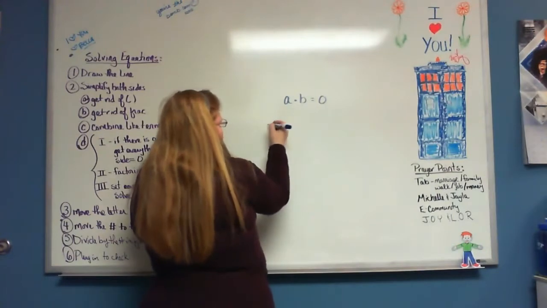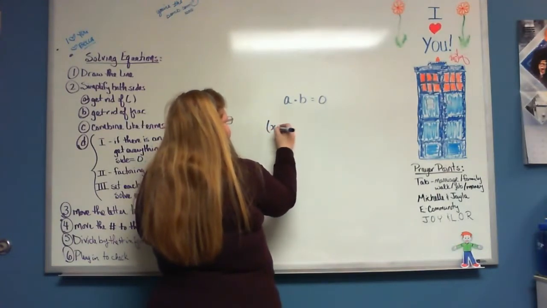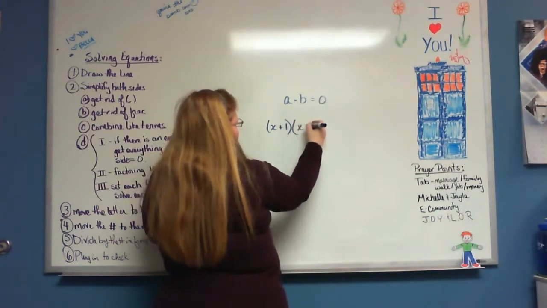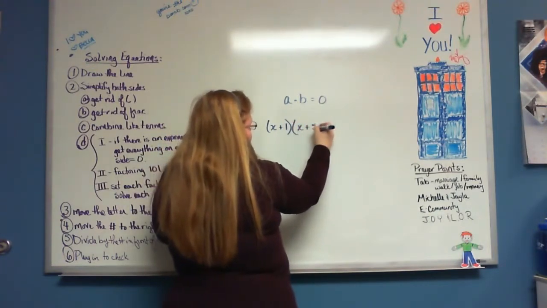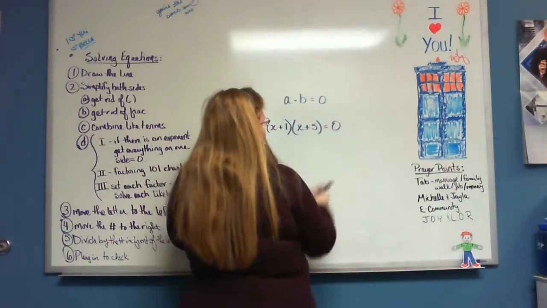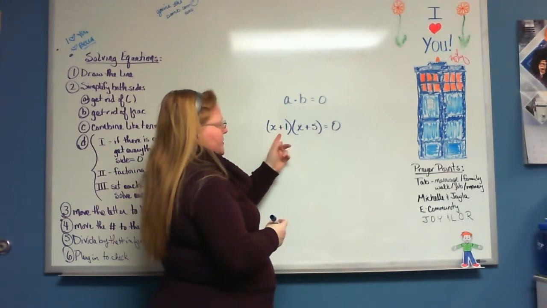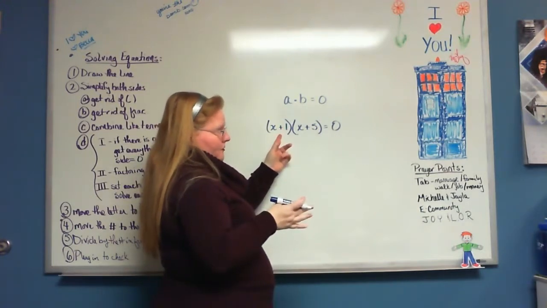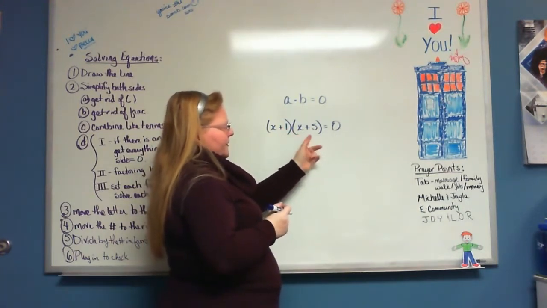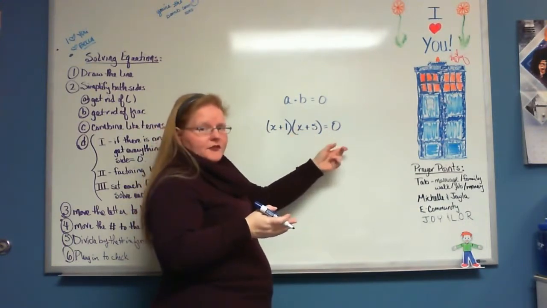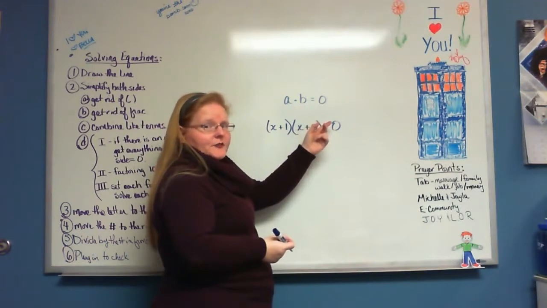So let me ask you this. If I were to have x plus 1 times x plus 5 equals 0, and I told you that this parentheses was really 4, you tell me that that whole parentheses then must be 0, because one of them has to be 0. That's what we just said. One of them has to be 0.